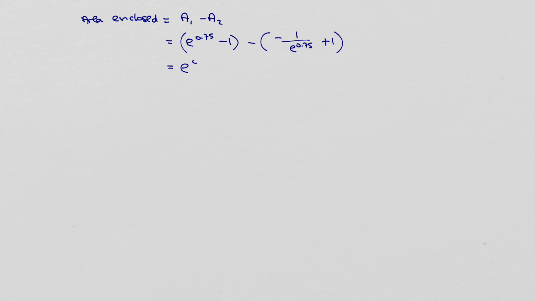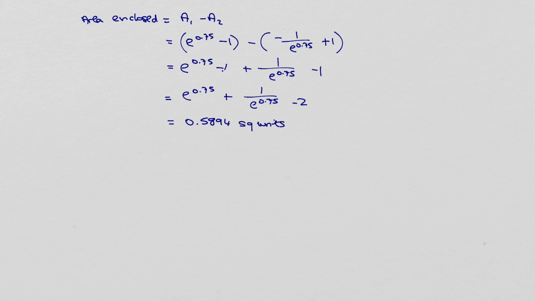So if I get rid of my brackets, and then I can put into my calculator now so that I am only rounding at the last minute. So correct to 4 decimal places, we have 0.5894, and its area, so it's going to be square units.